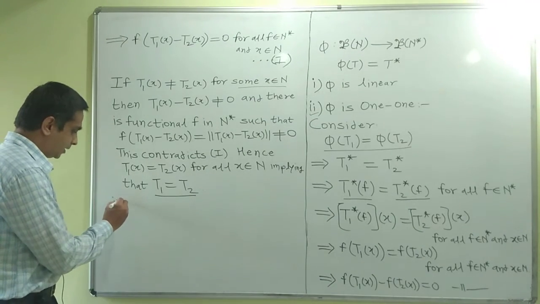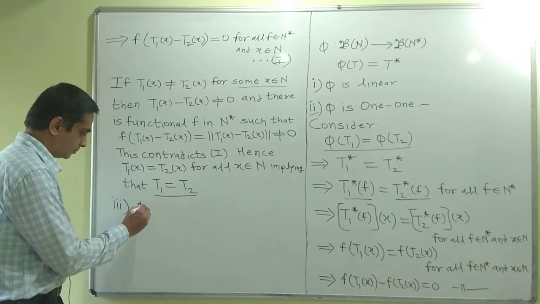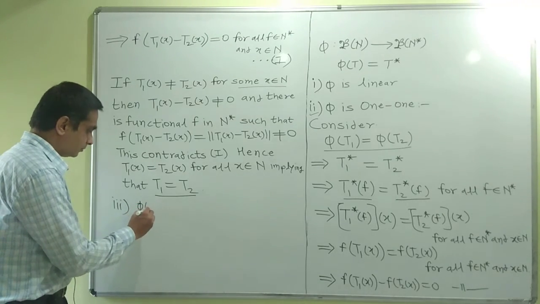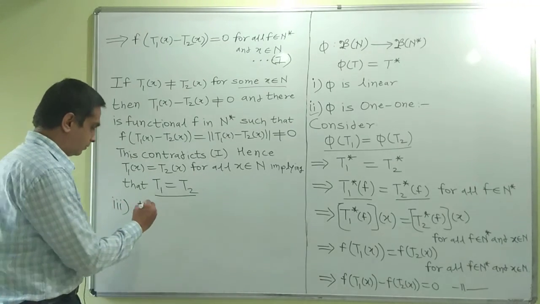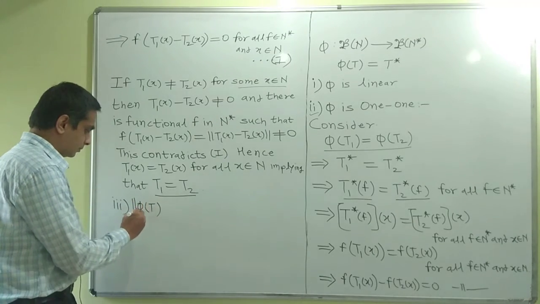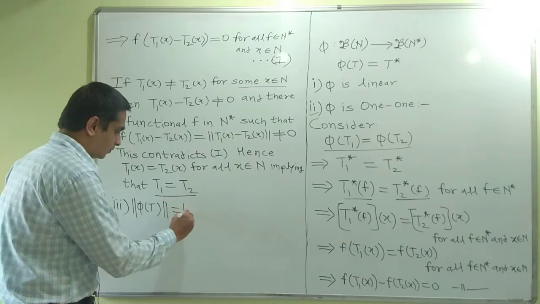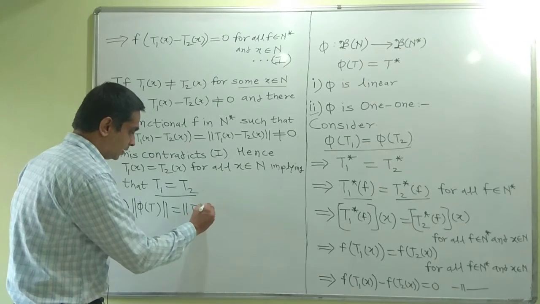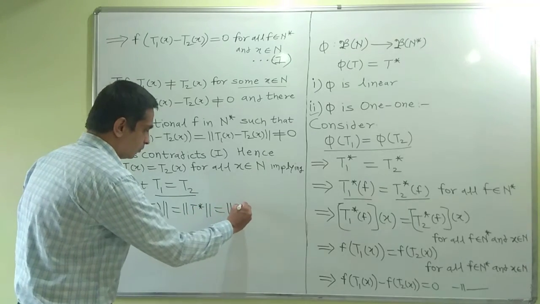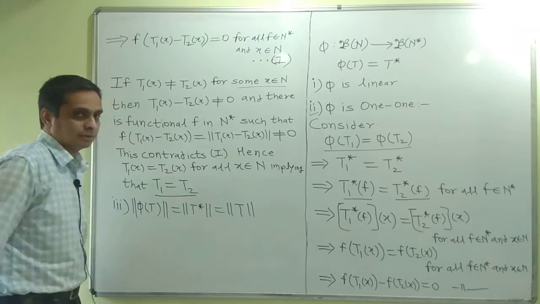Now the third property: phi preserves norm, that is, norm of phi T, which is actually norm of T star, equals norm of T. This is what we have to prove.